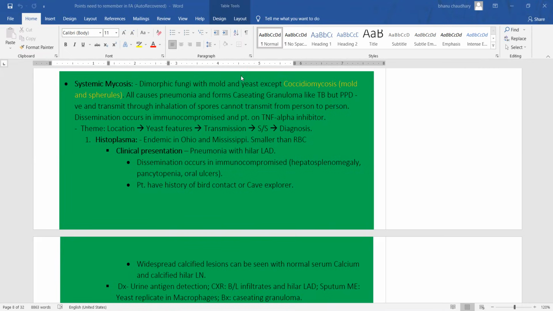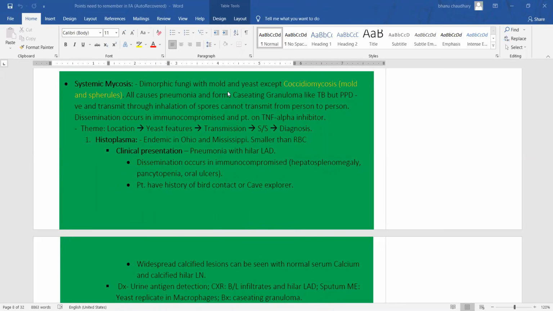Outside the body, all of the systemic fungi exist in the mold form, and inside the body, they exist in the yeast form. But for coccidioidomycosis, outside the body, it exists in the mold form, and inside the body, it exists in the spherule form. So whenever you take a biopsy from the lung or any affected organ, what you will see are the yeast, not the molds.